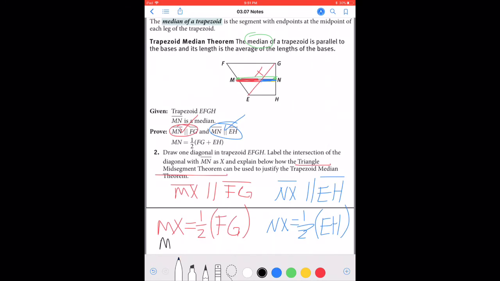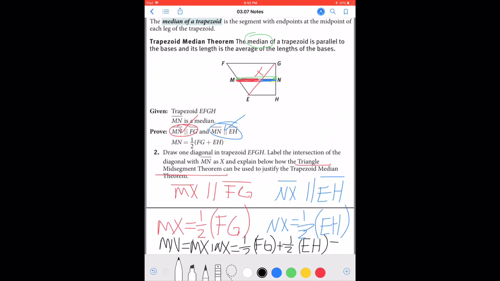If we do this, we can say MN is equal to MX plus NX, and that's technically by the segment addition postulate. And then we can do 1/2. Now we're doing substitution. 1/2 of FG plus 1/2 of EH.